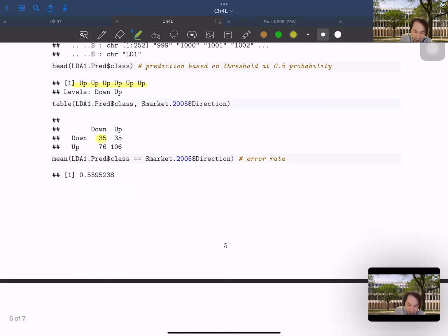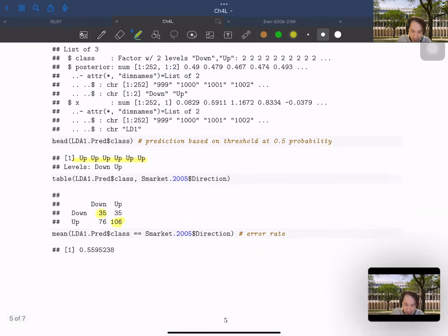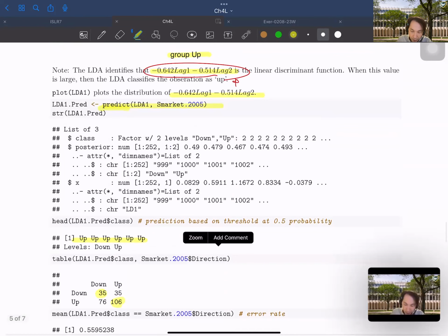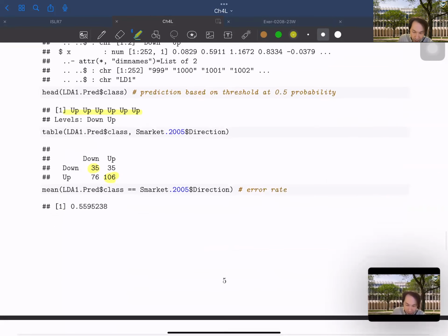In this case, this model performs much better. I think this is for the test data set. We use only the training set to train, and we use the test data set to evaluate. 141 observations are correct out of about 250 observations.